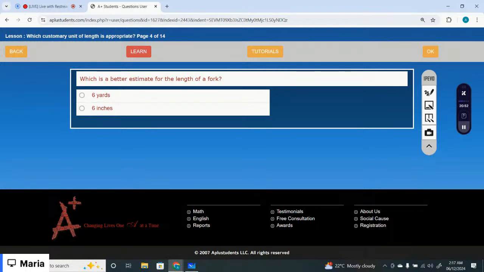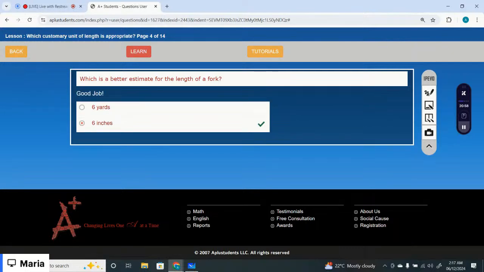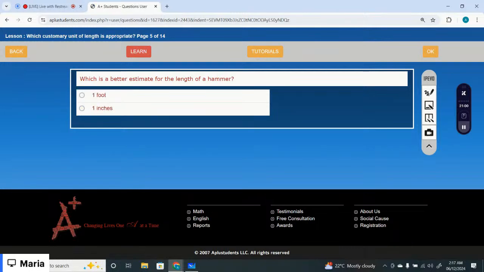That is a fork, right? So it must be 6 inches because 6 yards is too long for a fork. So the correct option is 6 inches. Which is a better estimate for the length of a hammer?